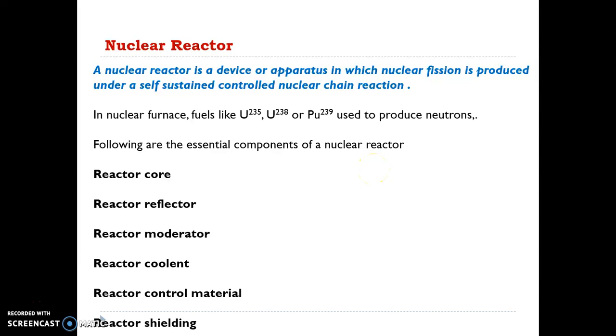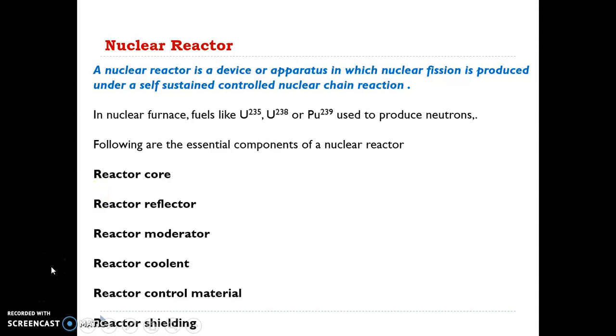Now, to have the nuclear fission reaction, as we know, there is a need of nuclear fuels or heavy elements. So basically uranium-235 or its isotope uranium-238 or plutonium-239 are used to have nuclear fission reaction in nuclear reactors.